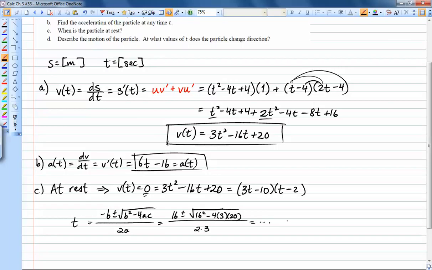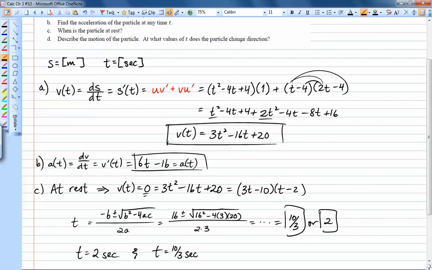If you work this out, you're going to end up with t equals 10/3 or 2. So these are our t values here. That's when the particle's at rest because the velocity is 0. So I'll write it here: t equals 2 seconds and t equals 10/3 seconds. It's at rest at both of those.